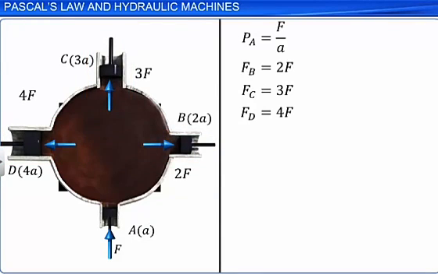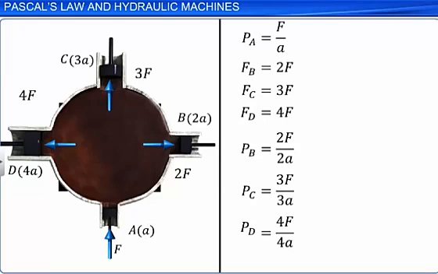Then the pressure acting at B, C and D is 2F by 2A, 3F by 3A and 4F by 4A respectively, where each is equal to F by A. This experiment demonstrates that the pressure is transmitted undiminished in all directions, which proves Pascal's law.